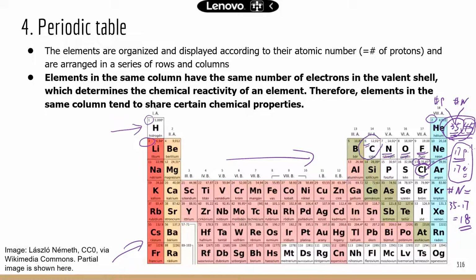Now, the periodic table is arranged in a way that makes it easier to figure out the chemical reactivity of an element. You can see these elements are arranged in rows, right? That's one row, or they're arranged in columns. All the elements in the same row have the same number of electron shells.